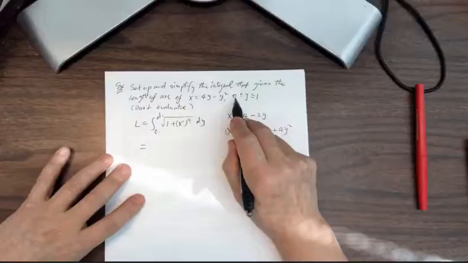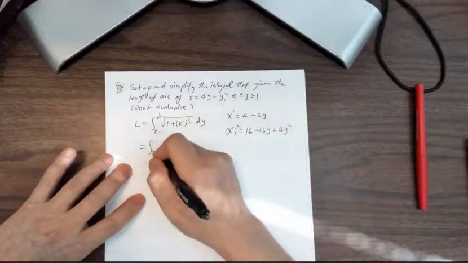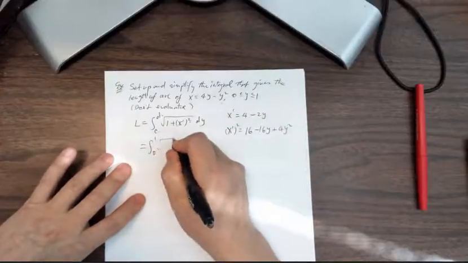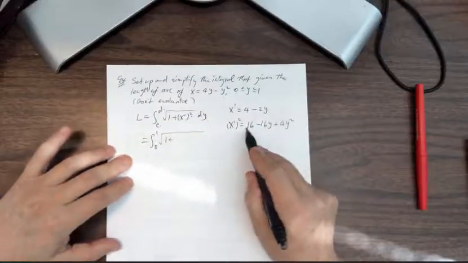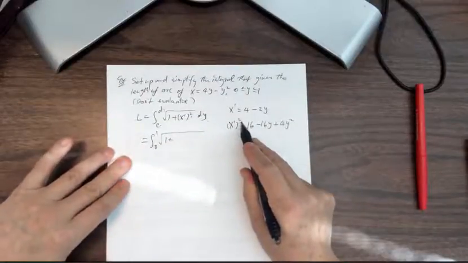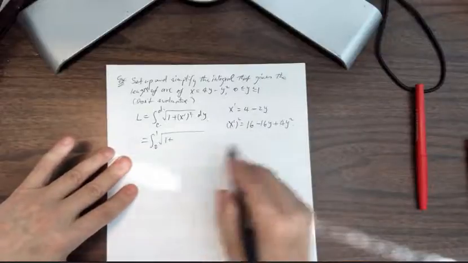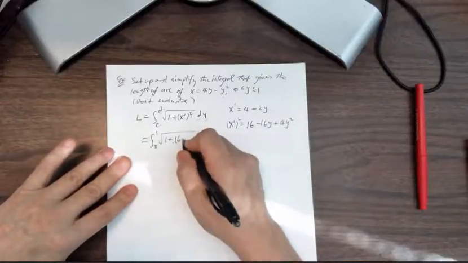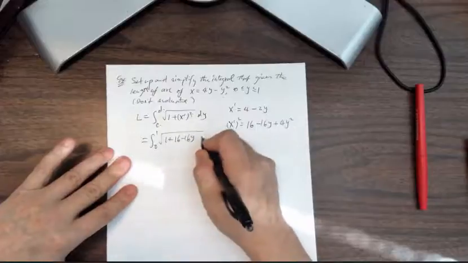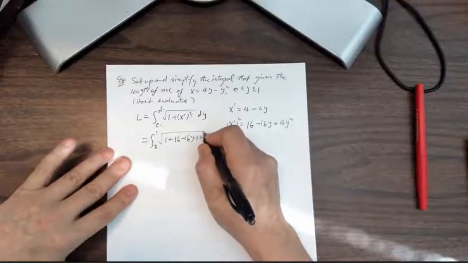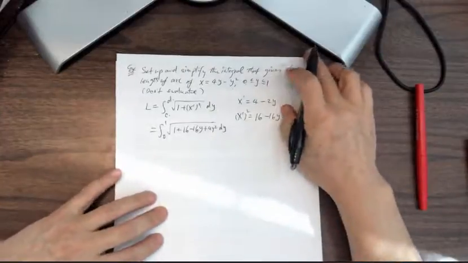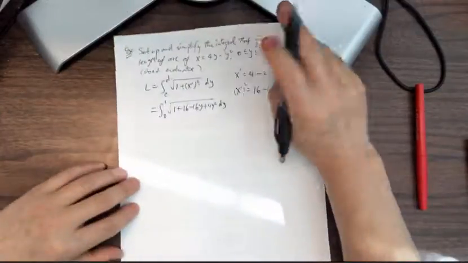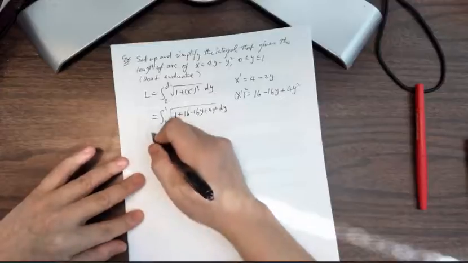Well, it's from 0 to 1, so it's the integral from 0 to 1 of the square root of 1 plus, now I'm plugging in the square of x prime, which is 16 minus 16y plus 4y squared. So this is how we set it up. As far as the simplification is concerned, we do what we can.